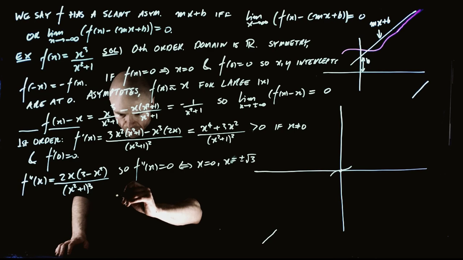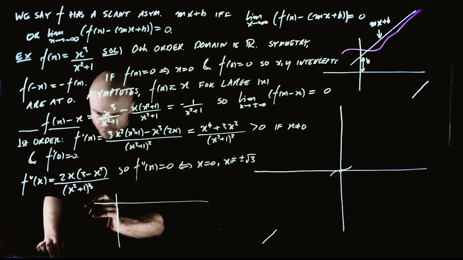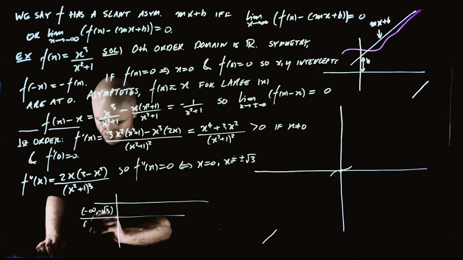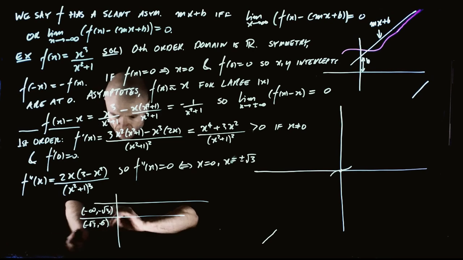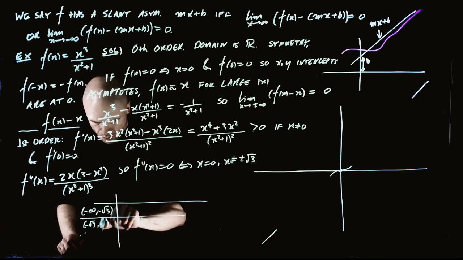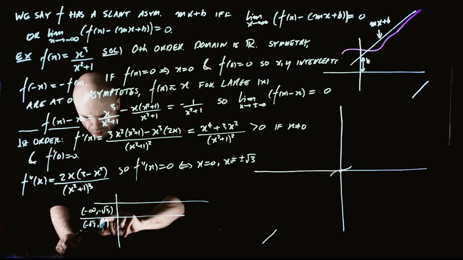Let's create a table like this. So intervals will be from minus infinity to minus root 3, from minus root 3 to 0. For some reason I'm not succeeding to erase with my finger today.